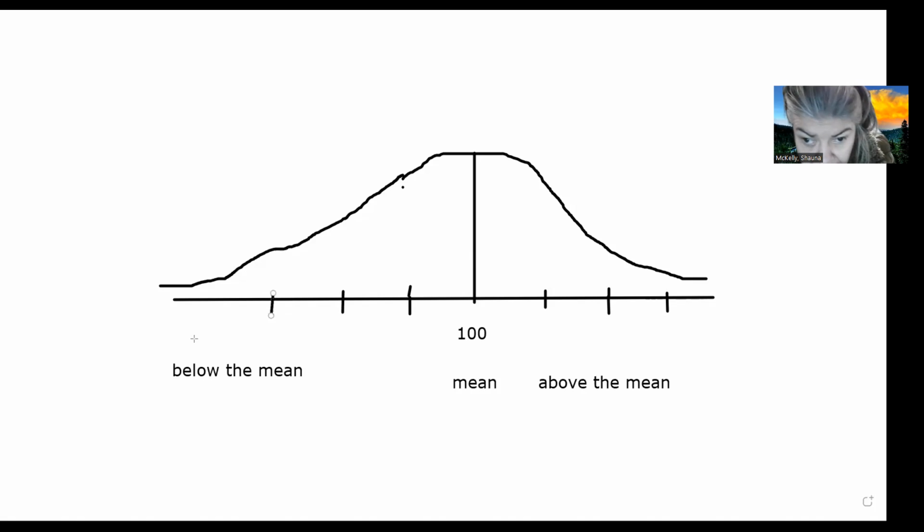Okay. Now, our standard deviation is 15. So this mark, the first mark on the right, is the mean plus 1 standard deviation. So literally, I'm going to say that this is 100 plus 15, which is 115.